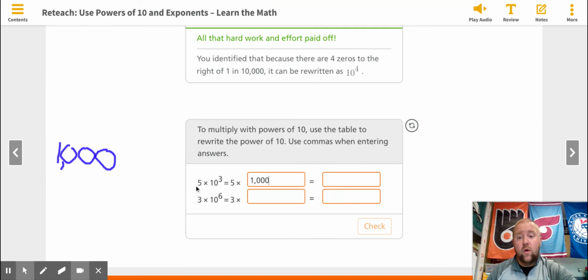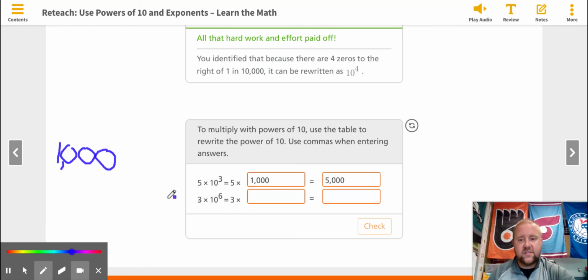Well, some of you are like, well, I can't multiply by the thousands place. Well, the nice thing when you multiply by these powers of 10, guys, you do 5 times 1 is 5, and then you just add on those zeros. 1, 2, 3 zeros.